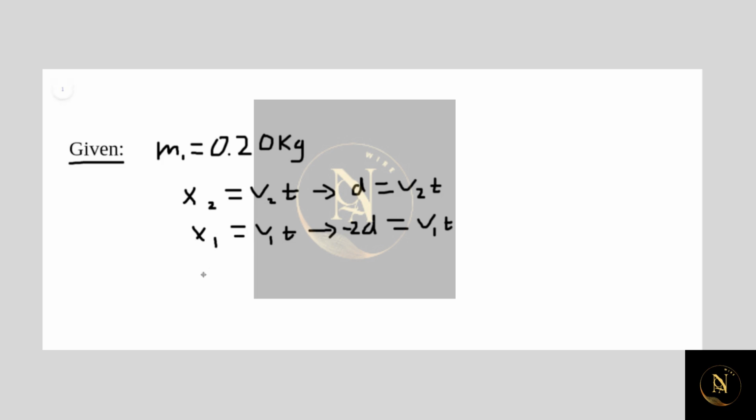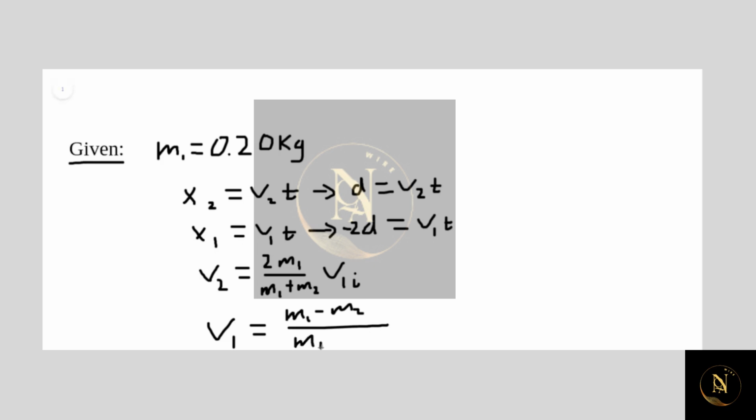Let's just show some arrows indicating that these are the same thing here, okay? Well, because it's an elastic collision, v2 is also equal to 2m1 divided by m1 plus m2, times the initial velocity of 1, since the second one is at rest, right? And then v1 is equal to m1 minus m2 divided by m1 plus m2, times the initial velocity of 1.